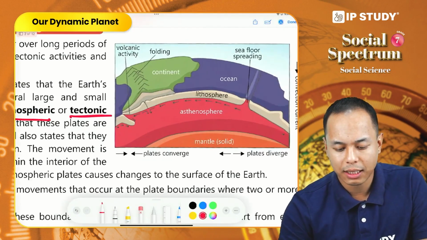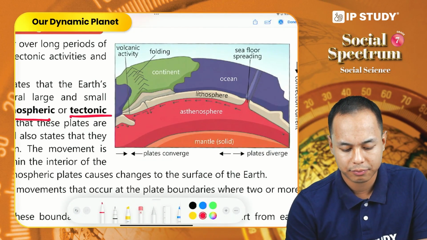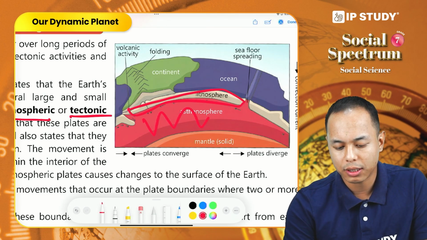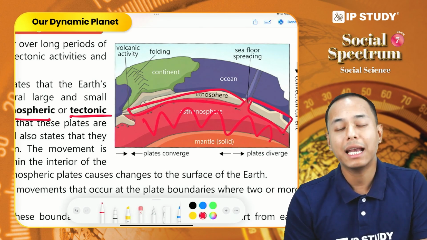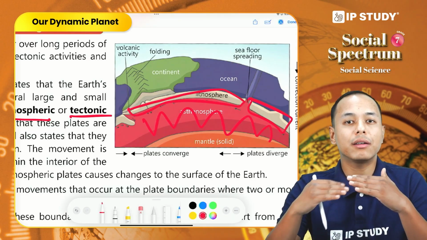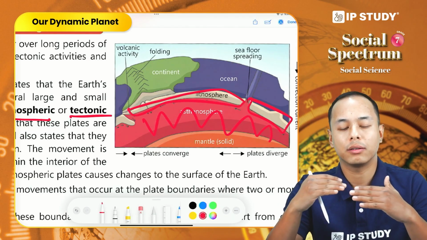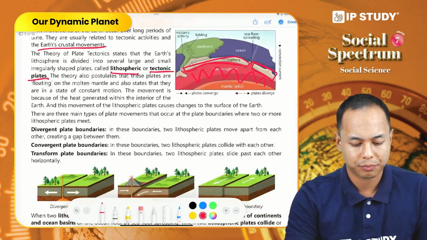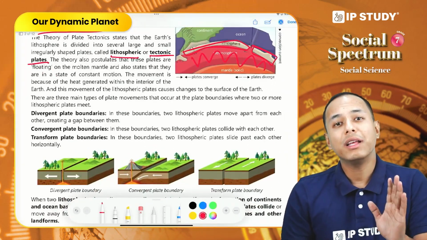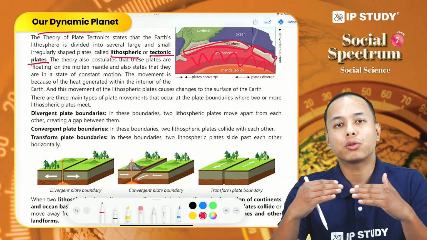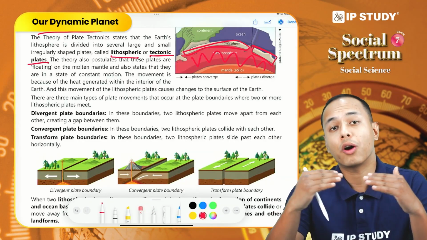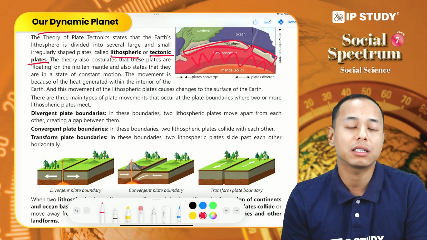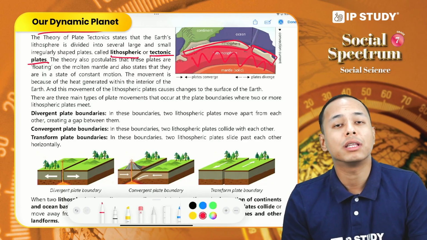If you can see here in the diagram, these plates are floating, and the heat from below or interior causes them to move. When these plates move and sometimes collide, or sometimes go away from each other, it causes tension and compression, leading to the formation of different landforms and change in the landscape on the surface of the earth.